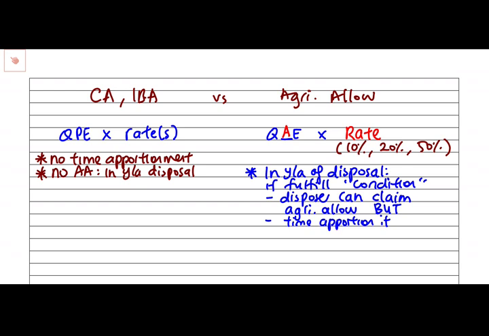So it looks quite reverse, right? Because normally we tell you there's no time apportionment, there is no allowance when you dispose. And now we're telling you that in the year of the disposal, if you fulfill the condition, we will allow you to claim, but you have to time apportion. So it's totally opposite of what we have seen so far, okay? Then you're probably going to ask, so what condition is that? That will be something I will come to later on. Just be patient, okay? We'll see this later.